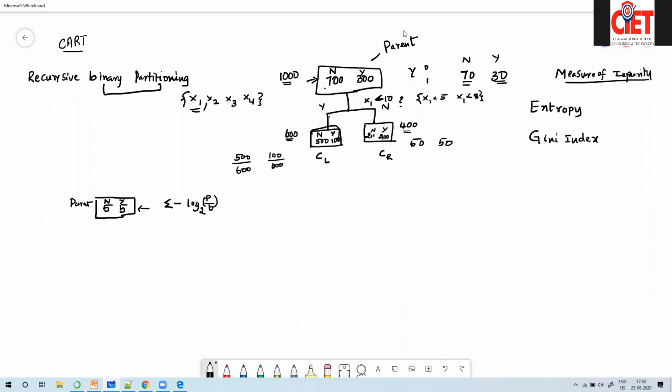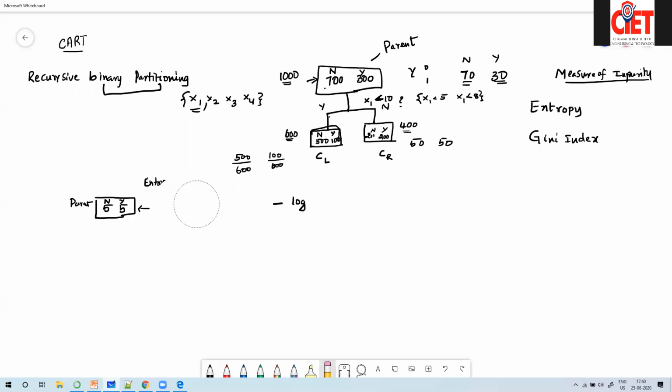So this is how we measure entropy, where i is equal to 1 to K, and K is equal to 2 here.